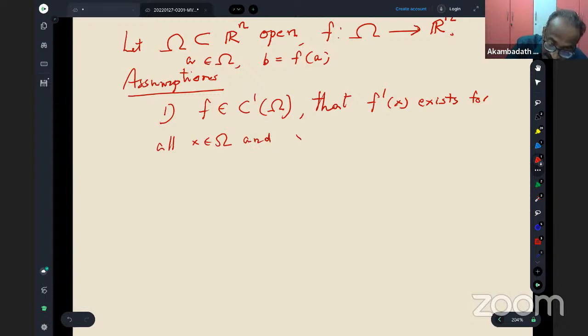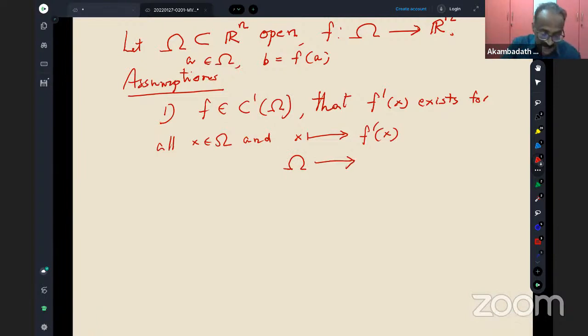And x going to f prime of x, this is the point I'm trying to say, is a mapping from omega to linear transformations, which has a topology, which you probably already understood: L of R^n to R^n.